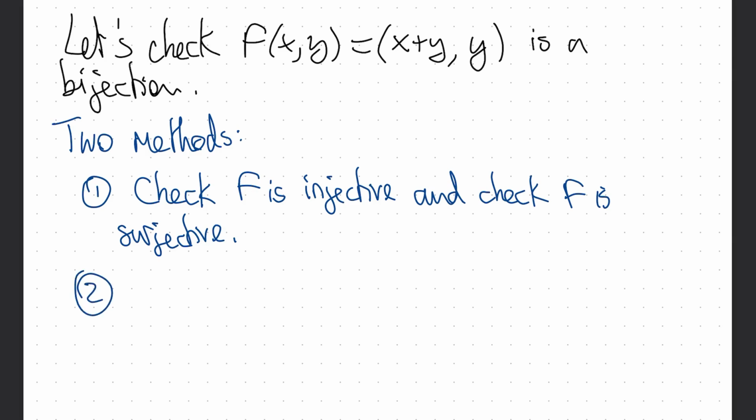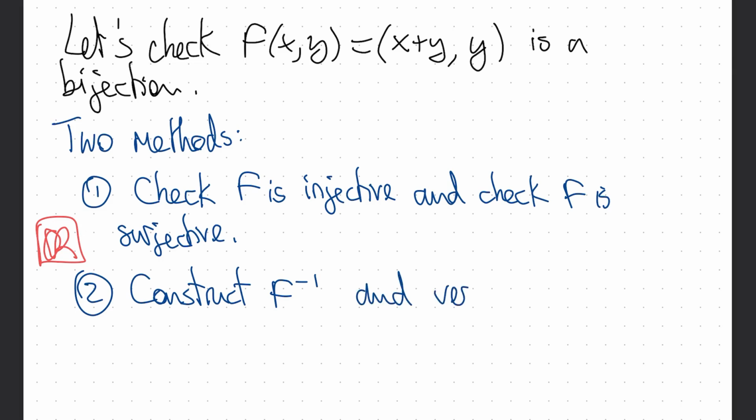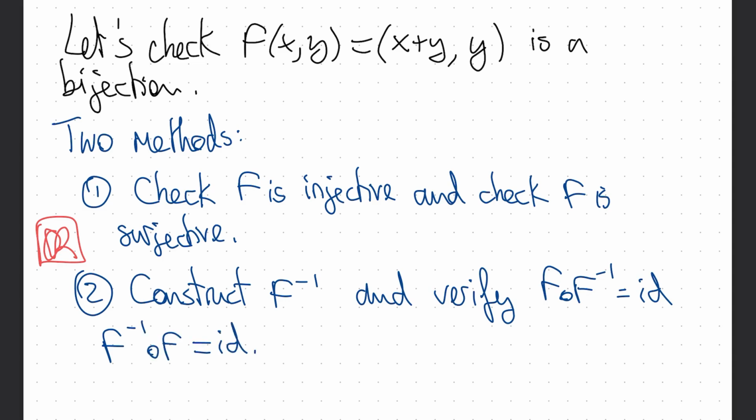We're going to say we can show that it's a bijection by constructing f inverse. I should emphasize this is "or". Construct f inverse and show, or I should say, and verify f composed with f inverse is the identity, and f inverse composed with f is the identity.